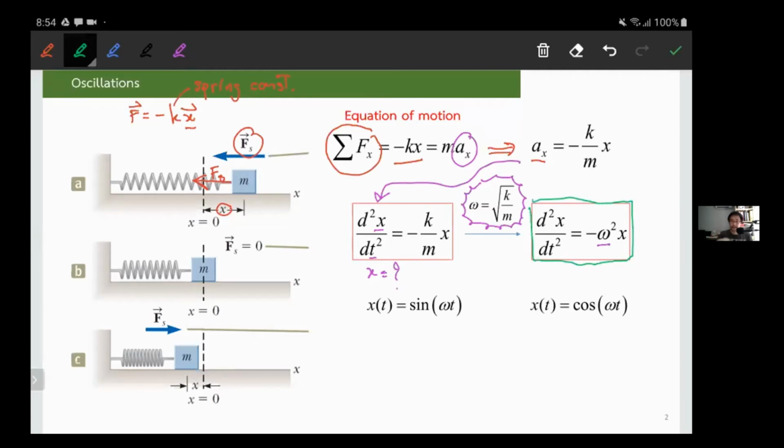Okay, let me try something here. Before we move on, you have to solve the differential equation. We don't want to go back to the technique of solving second order differential equations. I think you saw this maybe in calculus 2 or calculus 3, but I'm going to say it simply. What kind of x are you going to get?